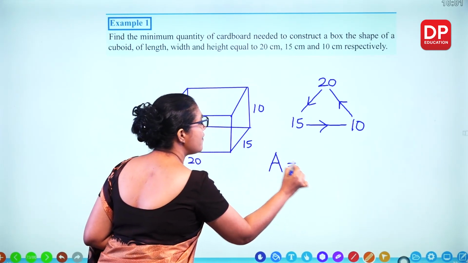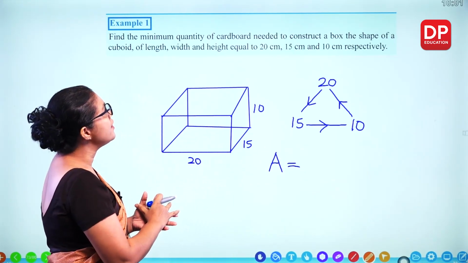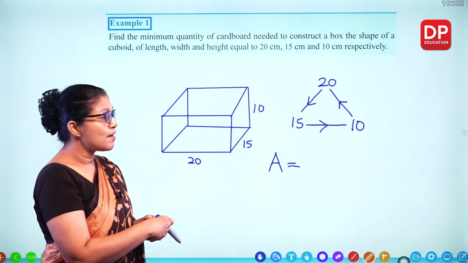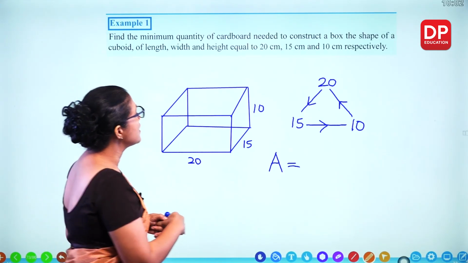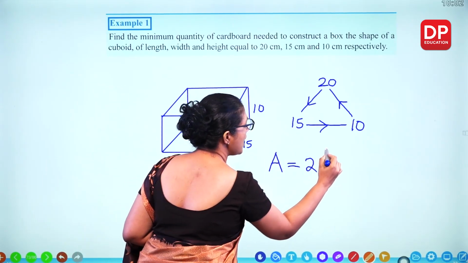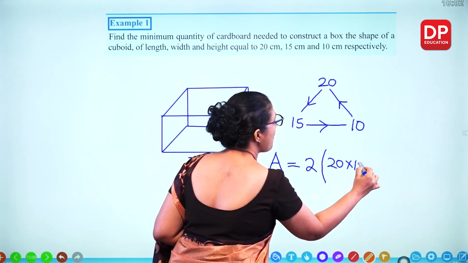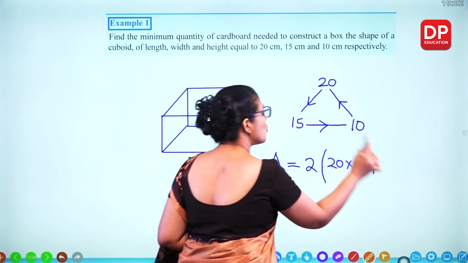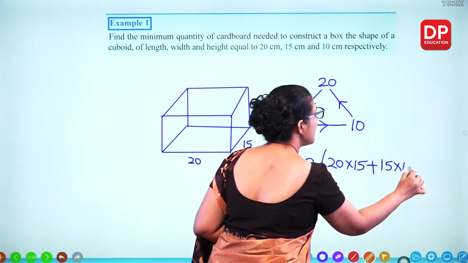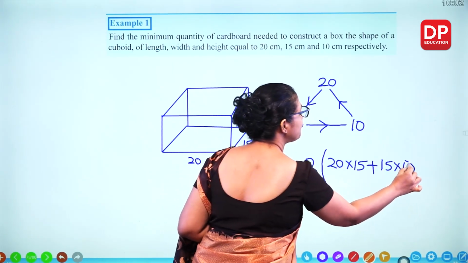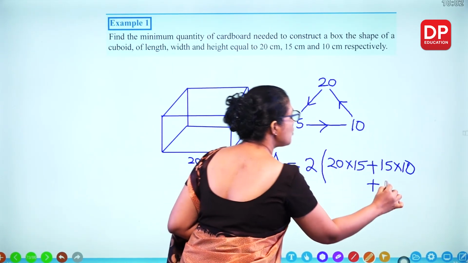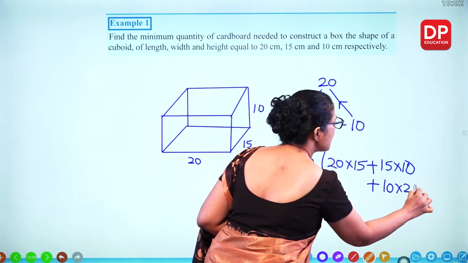What's the total area? So cardboard needed means you are finding the surface area of a cuboid. 2 times length into width plus these two, 15 into 10, and these two, 10 into 20.